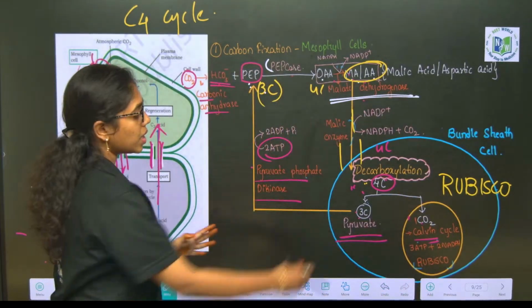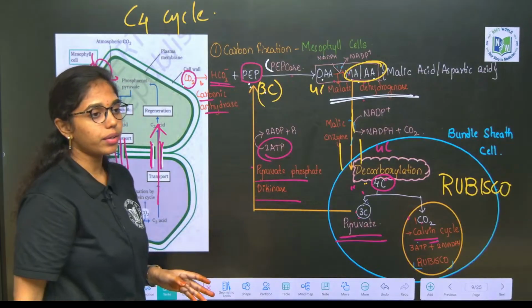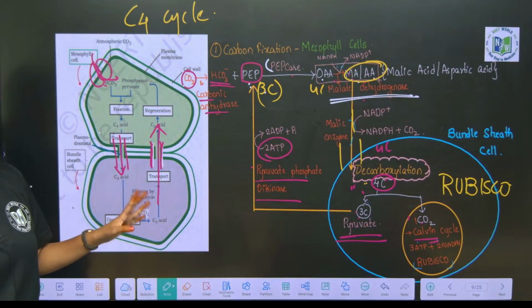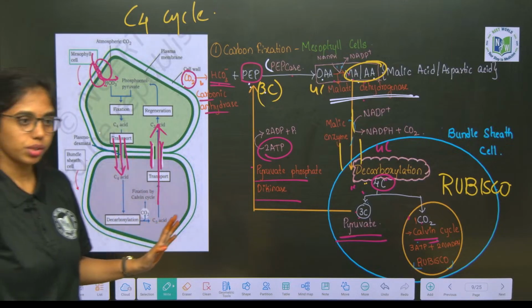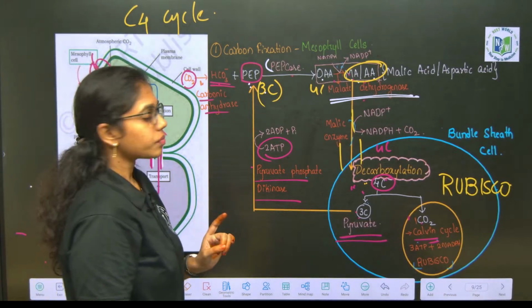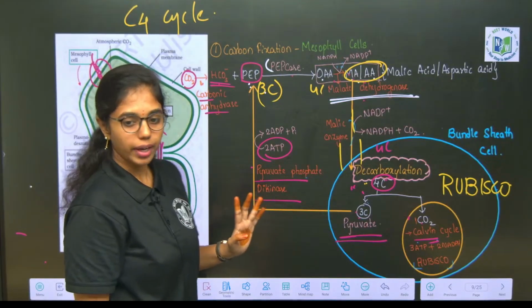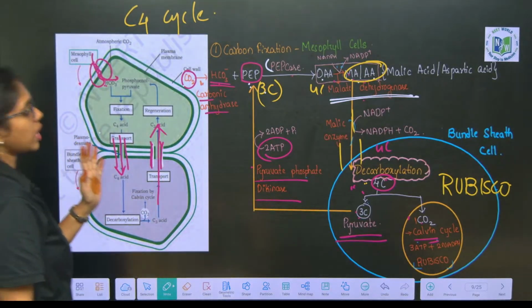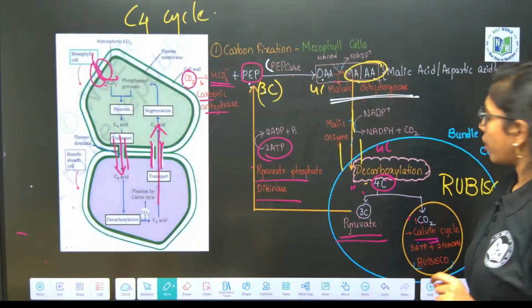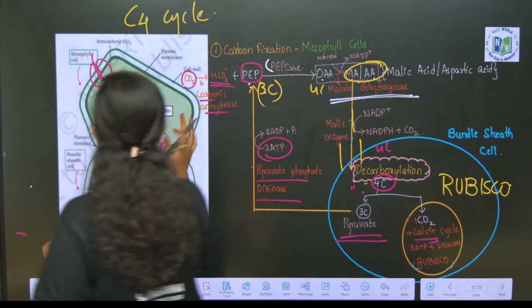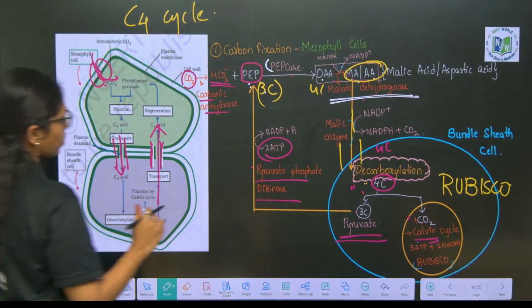Calvin cycle. The rest 3 carbons will be regenerated back to PEP into the mesophyll cells. By what connections? Plasmodesmatal connections. Fine, right? Now, in C4 cycle, for 1 carbon dioxide, how much energy is being utilized? That is the question.